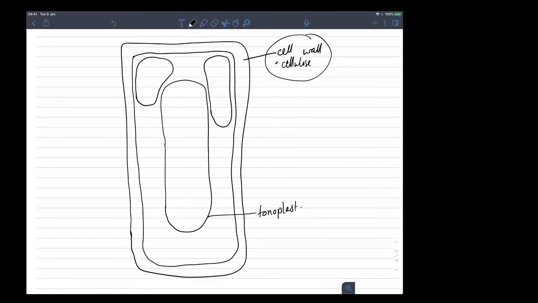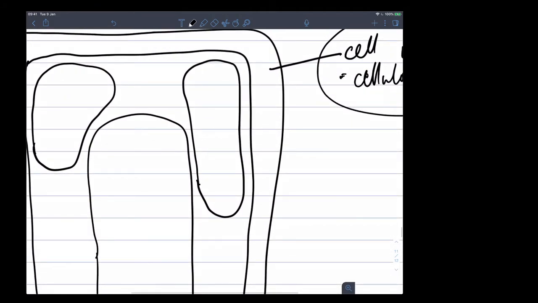Okay, so chloroplasts, zoom into the chloroplasts. Now chloroplasts are, again, an enveloped organelle. They have an outer membrane, and they have an inner chloroplast membrane. But then they have this fluid structure inside called the stroma that contains the enzymes for the light-independent stage of photosynthesis, as well as containing the DNA of the chloroplast.